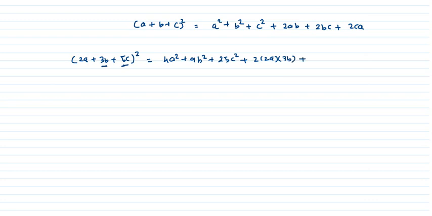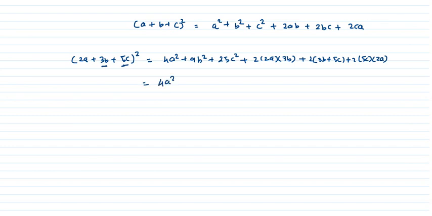Okay, then we will do simplification. 2 into these two terms, 2 into 3B, 5C. Then plus 2 into 5C and 2A. Okay, this will be your first step. Now here what happened?